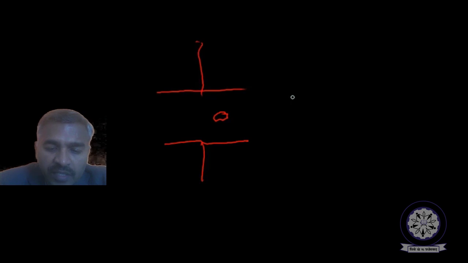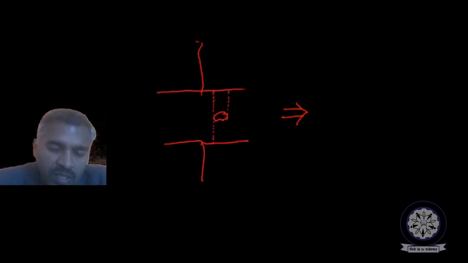Suppose this is the capacitor and there is a void here. Its equivalent can be represented like this. Now consider the portion of the dielectric like this.